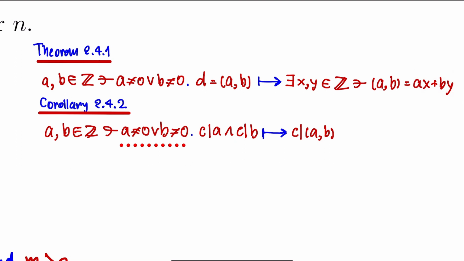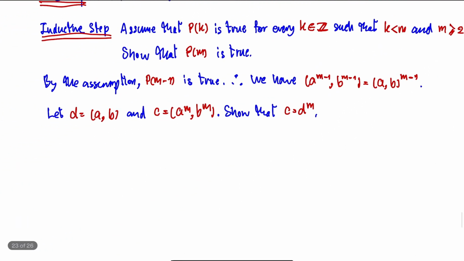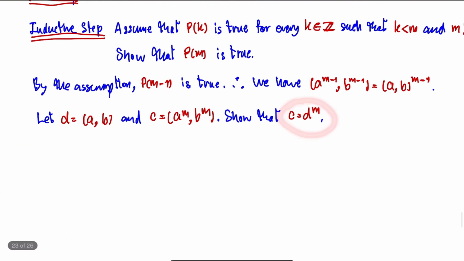And the other one is Corollary 2.4.2: if C divides a and C divides b, then C divides the greatest common divisor of a and b. Now let's go to this proof. We show that C, the greatest common divisor of a to the m and b to the m, equals the greatest common divisor of a and b raised to the power of m. Let's start with this claim.